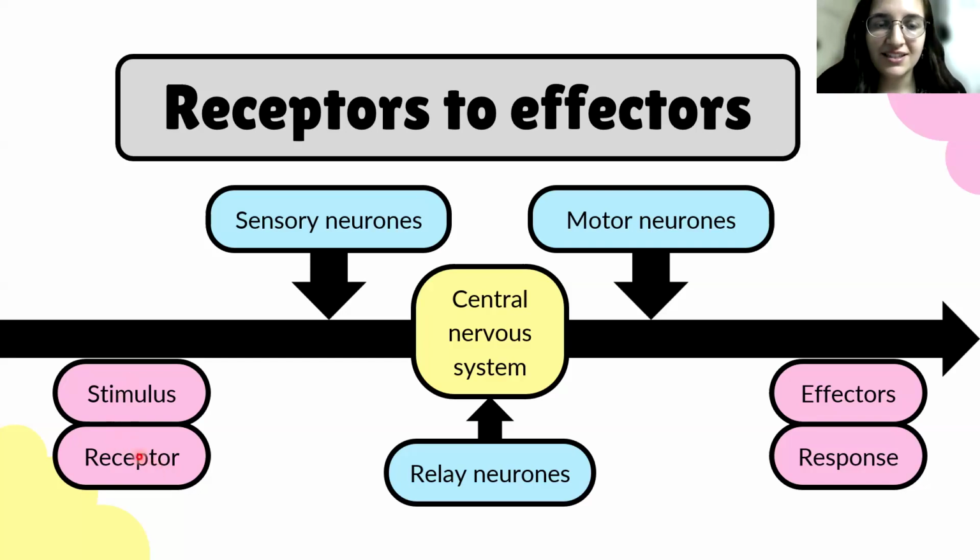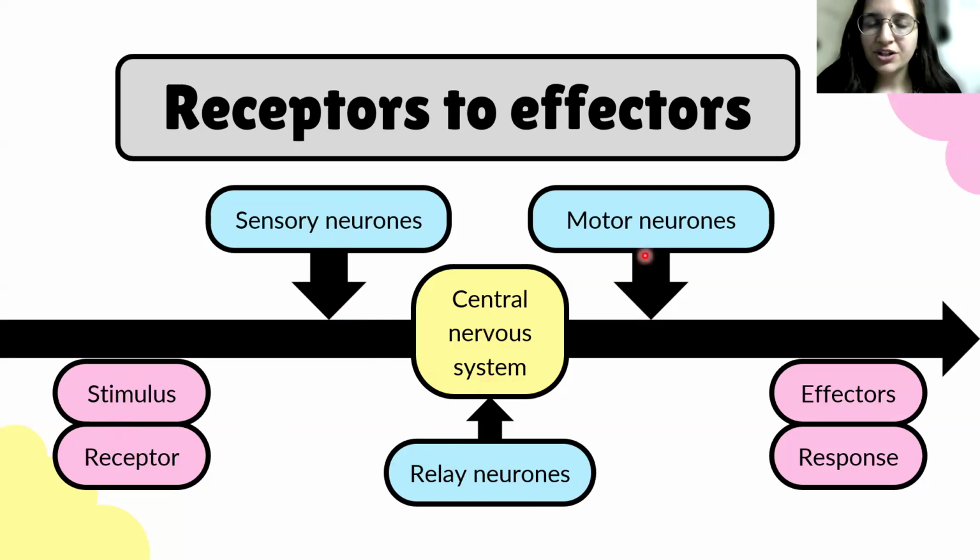The receptor will send that change in the environment to the sensory neurons. And then the sensory neurons will convey it to the relay neuron, which is relaying the message. The relay neuron then carried the message to the central nervous system.